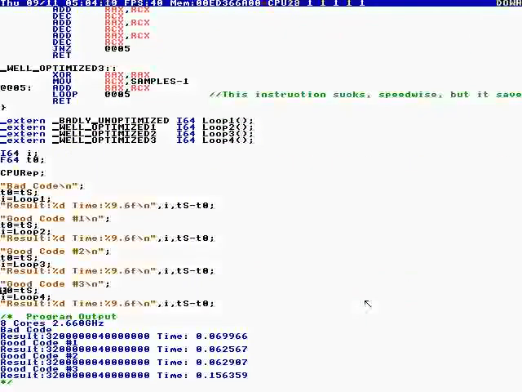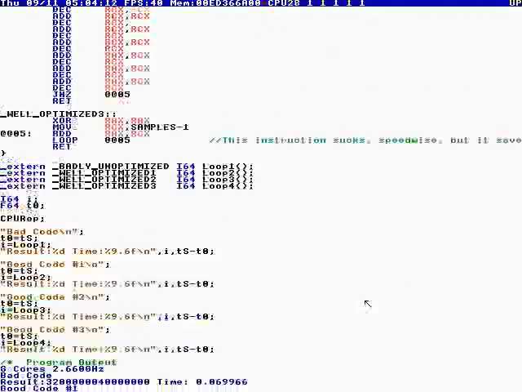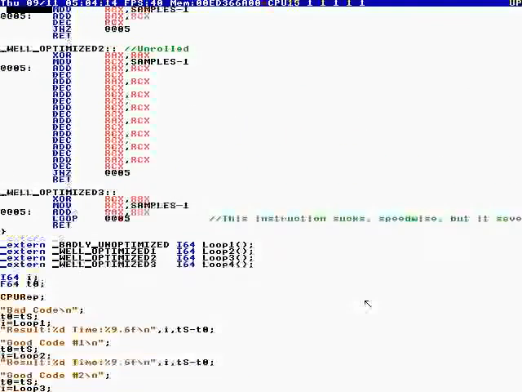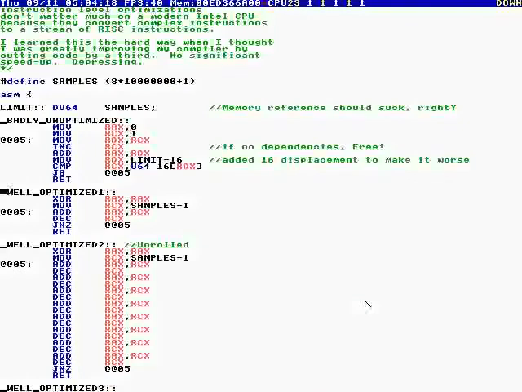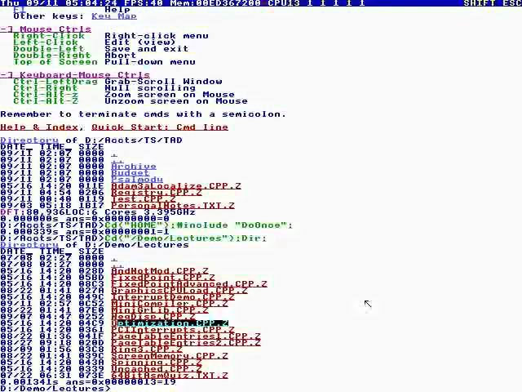Loop 2, loop 3, optimize 1, 2. So this and this are about identical. Oh well, basically you can play with optimizations on your own and try and figure out how modern processors work.